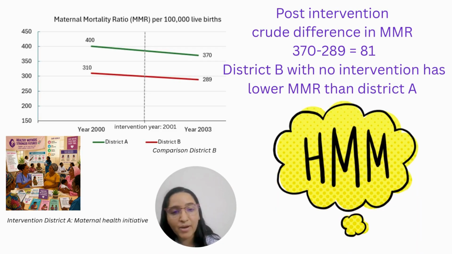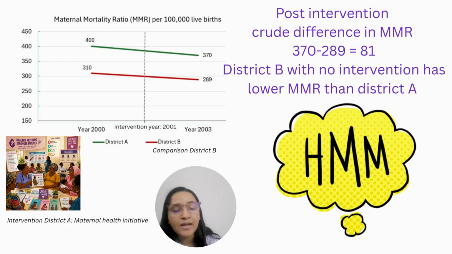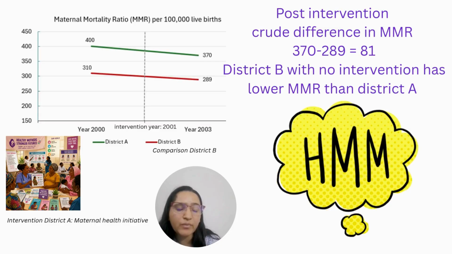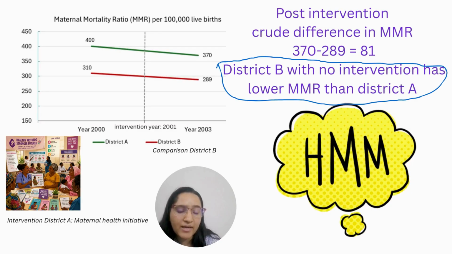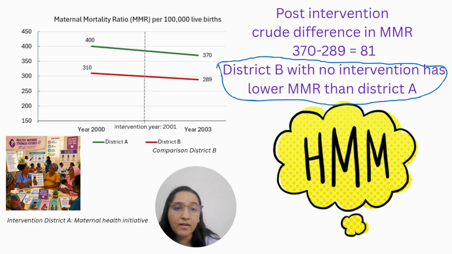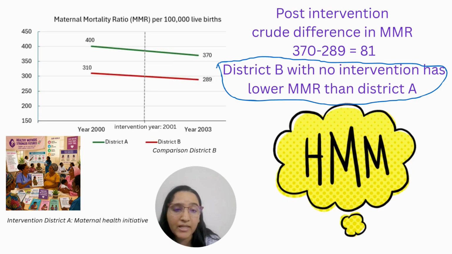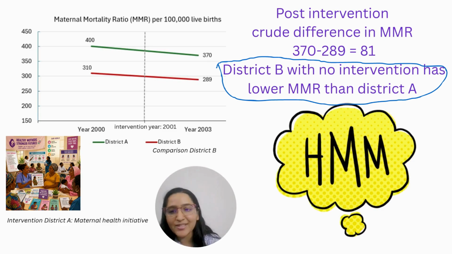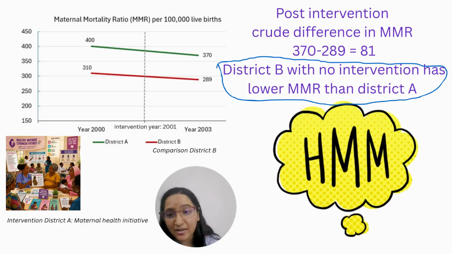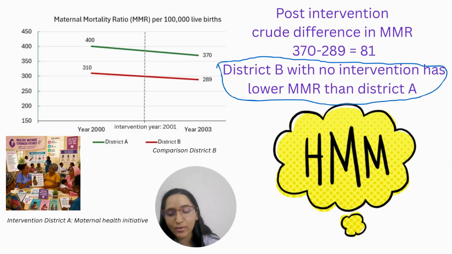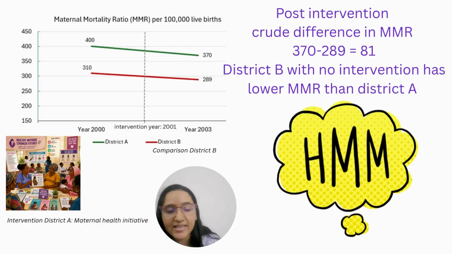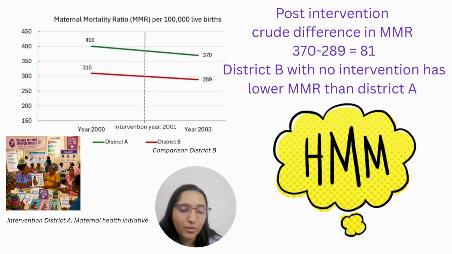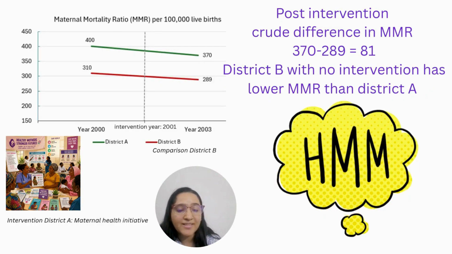If MMR is lower, that's good, right? So just looking into the post-intervention data, we see that the MMR in the intervention district is greater than the MMR in the comparison district. So does this mean the intervention did not work as expected? Why is the rate still higher in the intervention district? It should have been lower, right? So that is a question.